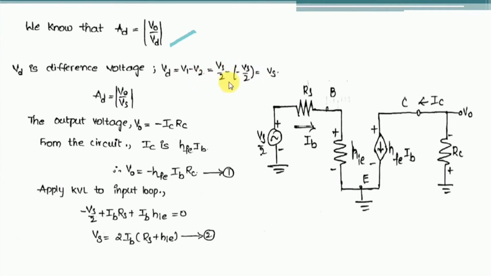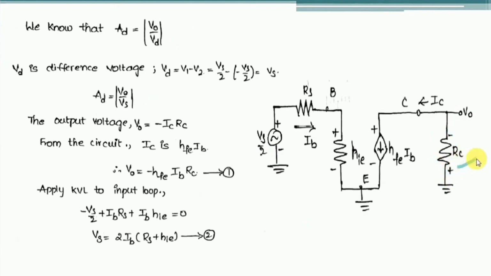So finally it is 2 Vs by 2, and we obtain the differential voltage Vd as Vs. So Ad is V naught by Vs. So from this circuit we have to calculate what the output voltage is and what the input voltage Vs is. Okay, so if you observe, this output voltage V naught is nothing but the voltage drop across the resistor RC.